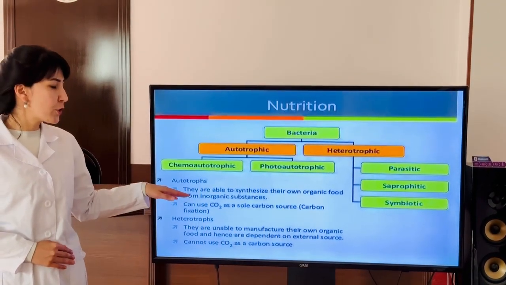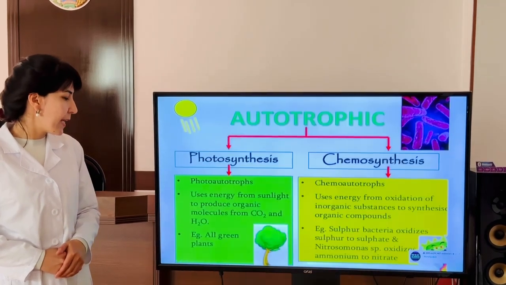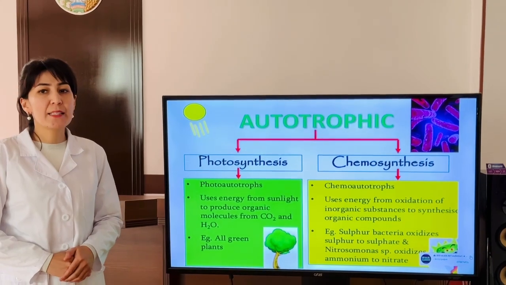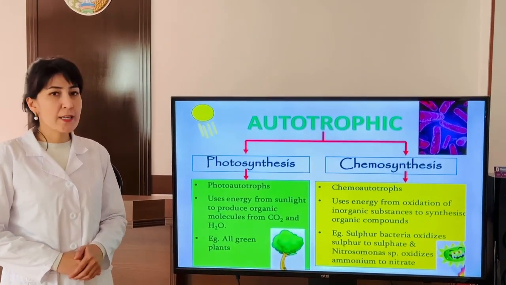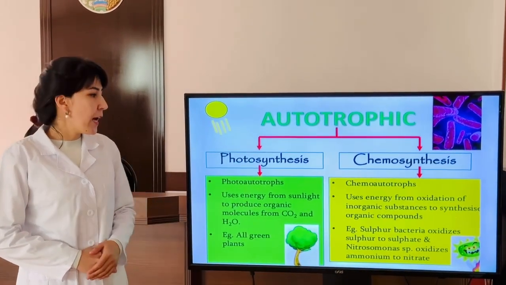Autotrophs are able to synthesize their own organic food from inorganic substances and can use carbon dioxide. Autotrophs are divided into two subgroups, photosynthetic and chemosynthetic.